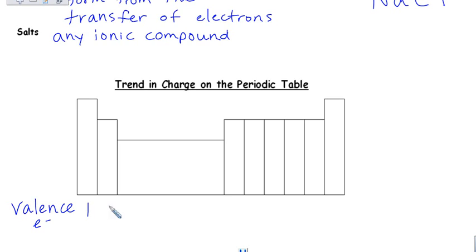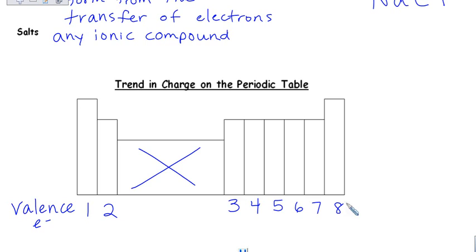Group 2, they all have 2 valence electrons. We skipped the transition metals because the number of valence electrons can change when you're dealing with those d orbitals. We'll skip them, we'll come back to them later. But the trend picks up again with the boron family. 3 valence, 4, 5, 6, 7, and for the most part 8 valence with the noble gases. I get like helium only has 2.